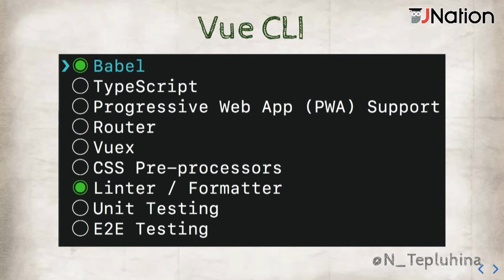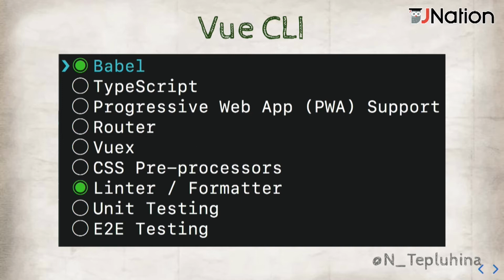Because, as well as Next, Vue CLI is modular. It consists of plugins. This list of plugins are called core Vue CLI plugins because they're available on application creation, and they are written by the core team.